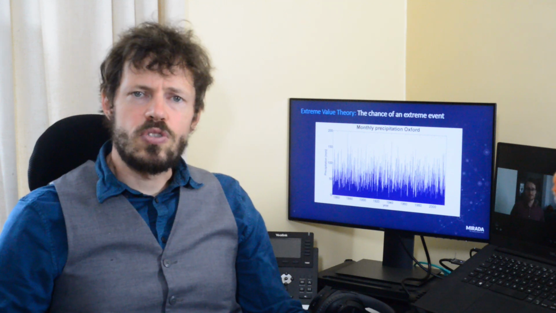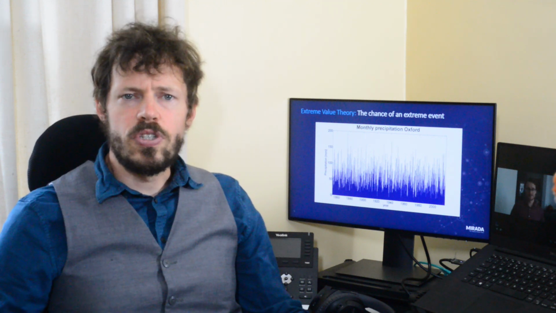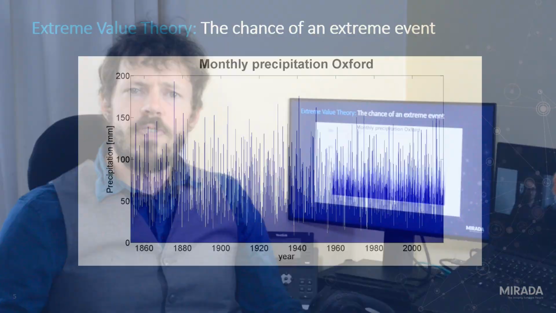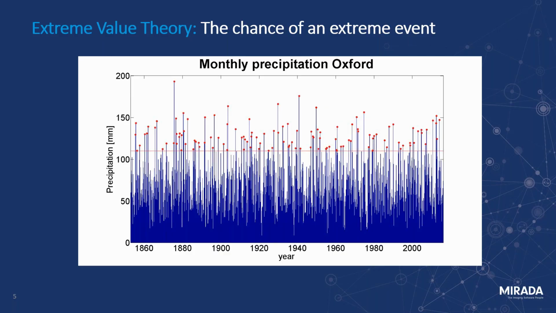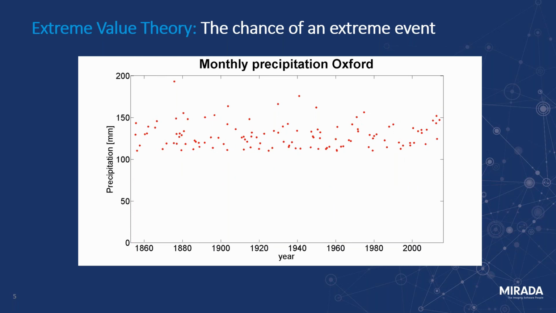To model this with extreme value theory, there's a technique called points over threshold, where we define a threshold at which we start to consider an event heading towards extreme. We can extract only those events and throw away the ones that fit within the standard distribution of rainfall. Extreme events typically follow a generalized Pareto distribution.